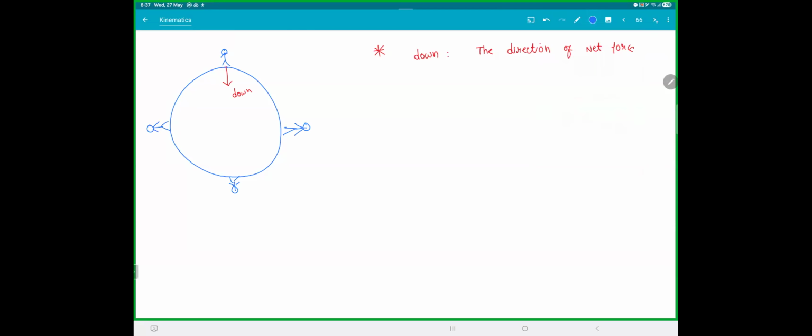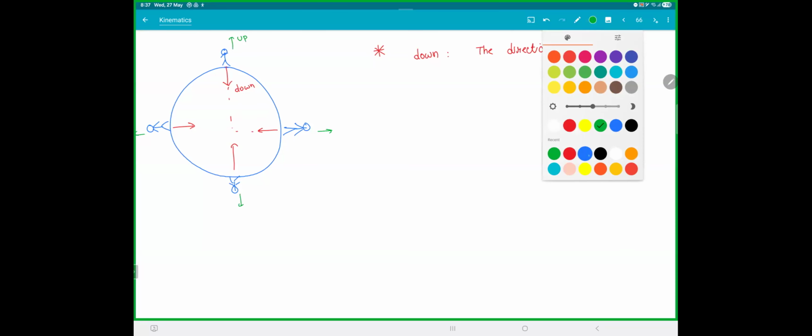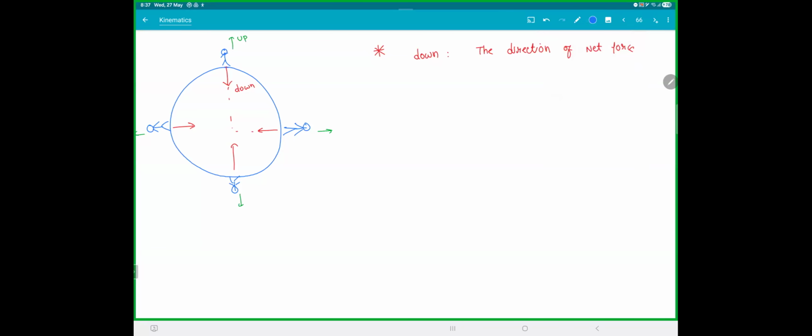So the whole concept of up and down is this: down is toward the center of the Earth. Up is away from the center of the Earth. Clear with this? So keep that in mind. Because what is down for you is actually up for the guy at the South Pole, isn't it? The whole thing changes.